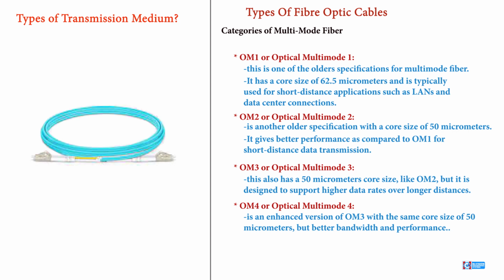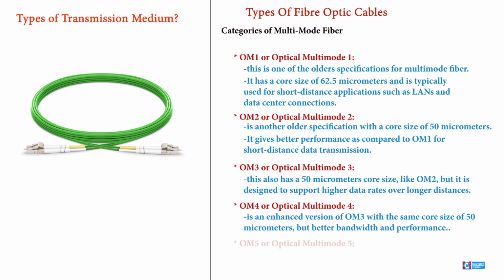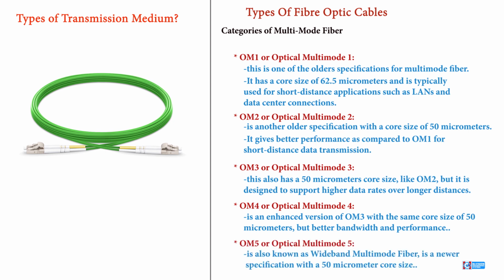It supports 10 gigabit Ethernet, 40 gigabit Ethernet, and 100 gigabit Ethernet over longer distances. 5. OM5 or Optical Multimode 5. The OM5, also known as wideband multimode fiber, is a newer specification with a 50 micrometer core size. It is ideal for data center applications that require high-speed transmission using short wavelength division multiplexing technology.